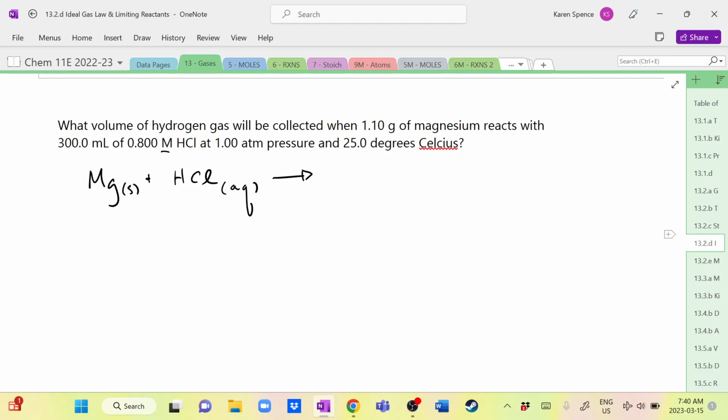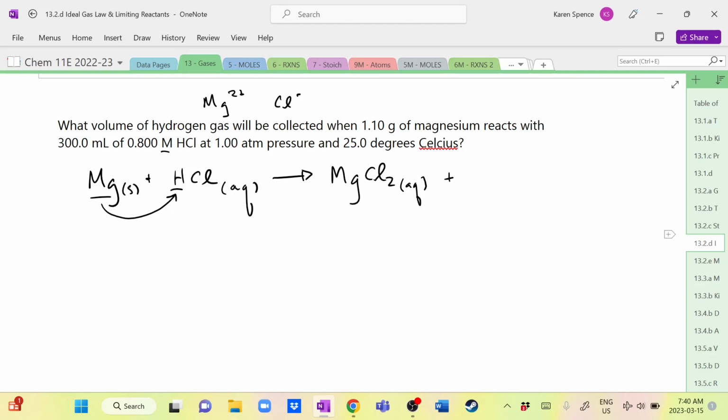This is a single replacement reaction, so magnesium is going to replace the hydrogen, and Mg is 2 plus, Cl is negative, so we end up with MgCl2. That's going to be aqueous because all chlorides are aqueous except for silver, lead, and mercury. You don't need to know that, but it's okay. Doesn't matter to this question anyway.